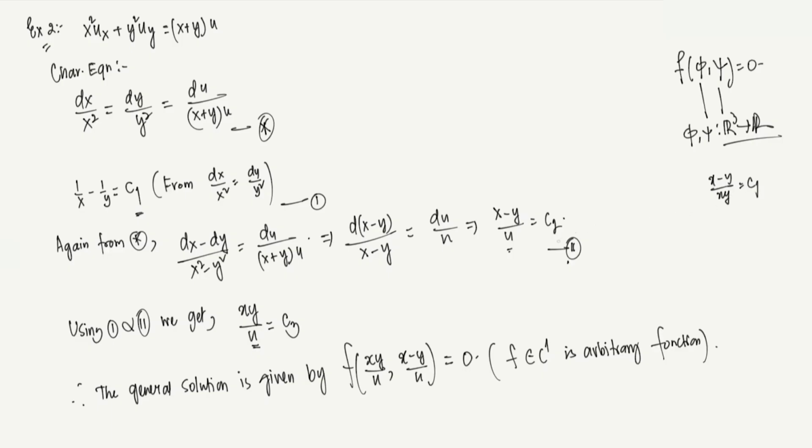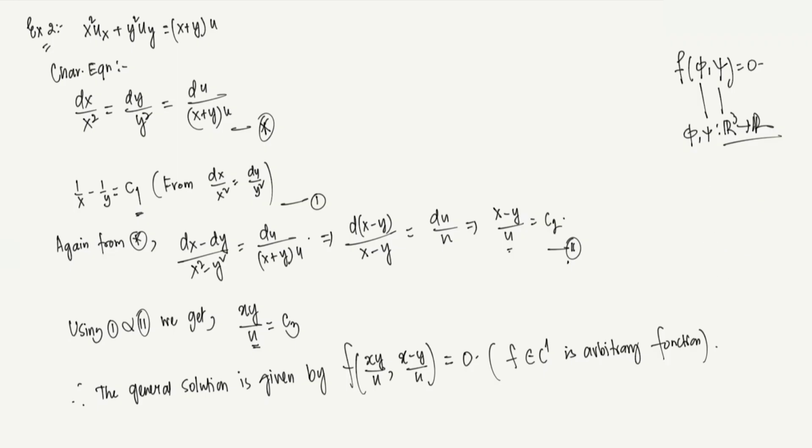So here, x minus y is u times c2, so u times c2 by xy equals c1. So basically you get u by xy equals c. This is the same thing, right?